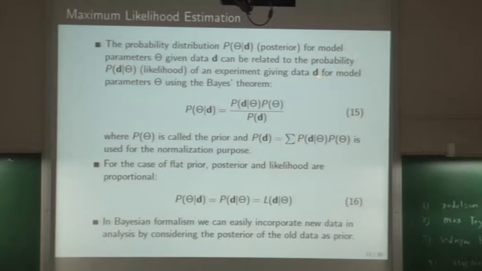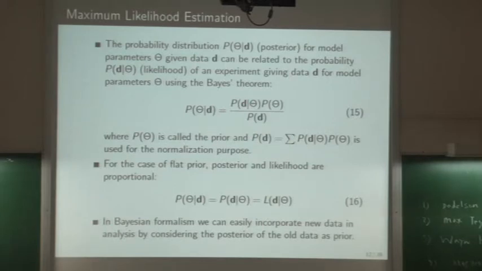If you have data D and a theoretical model represented by parameters theta, then the probability of getting a set of parameters given the data D, a conditional probability, is given by this one. This is called Bayes theorem. There is no need to prove it here, but this is how these probabilities are written. You can easily prove this theorem.